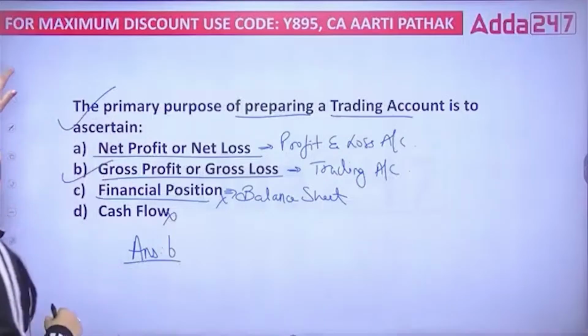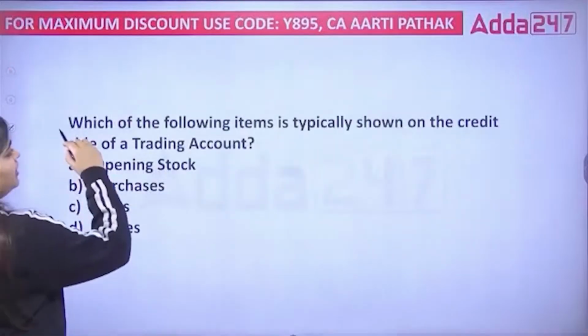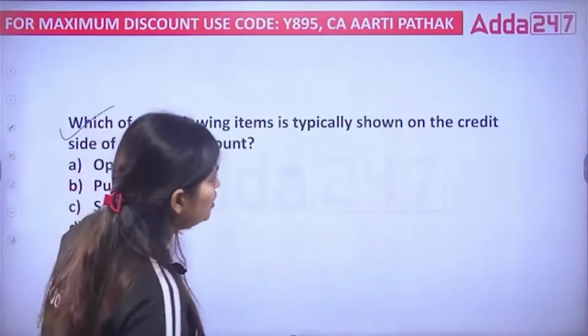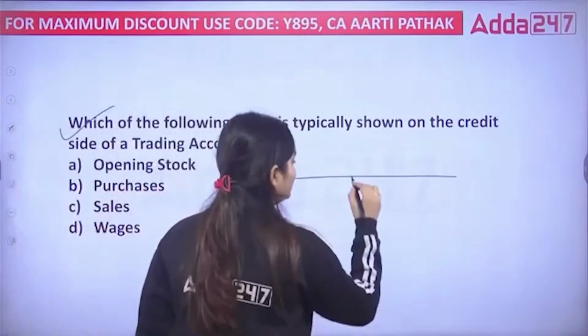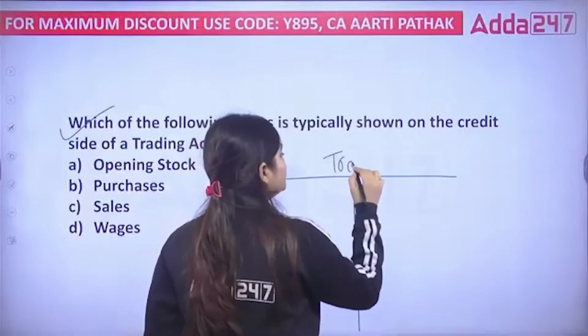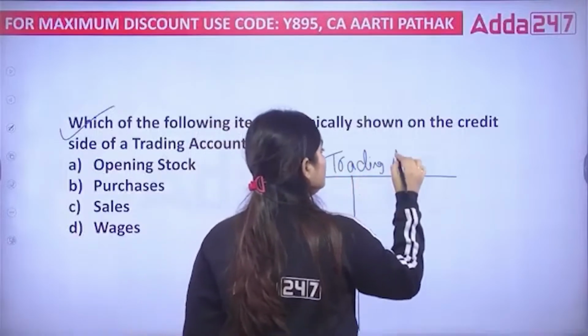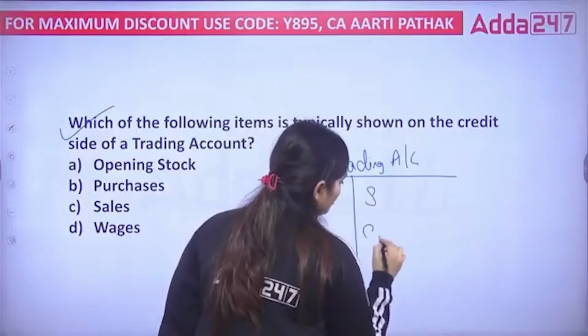Okay, coming to the next one now. Which of the following items is typically shown on the credit side of the trading account? Now if I give you a quick extract of trading account, what we have seen here under this trading account, we have sales, closing stock.